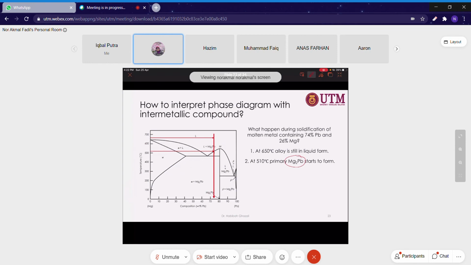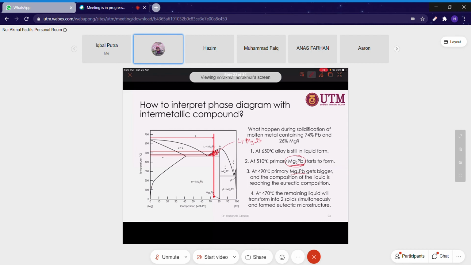Because at this region, the left side is liquid and the right side is magnesium 2 plumbum, meaning that from the liquid, the new phase is the intermetallic magnesium 2 plumbum. At 490 degrees Celsius, the primary magnesium 2 plumbum, the intermetallic, gets bigger, and the composition of the liquid is reaching the eutectic composition.